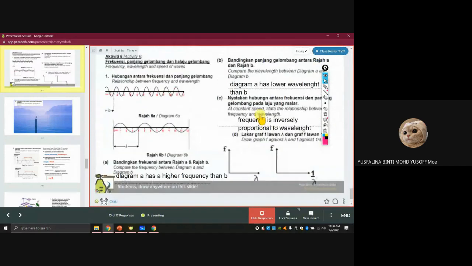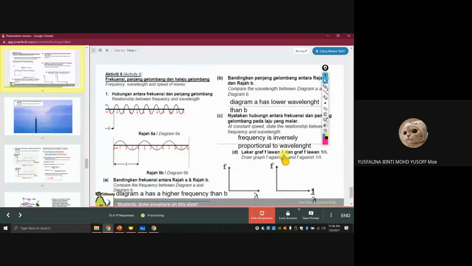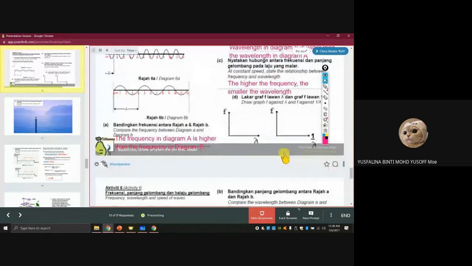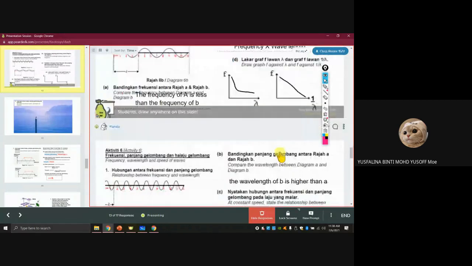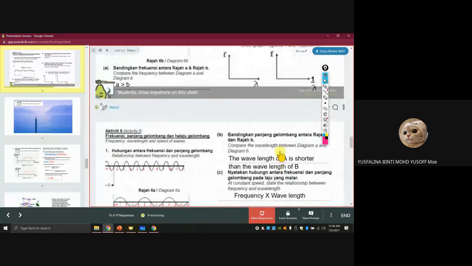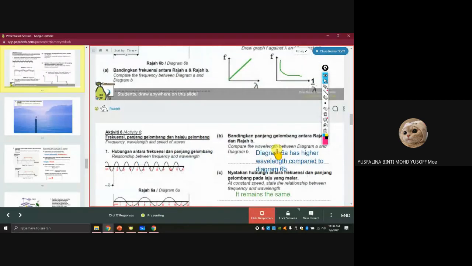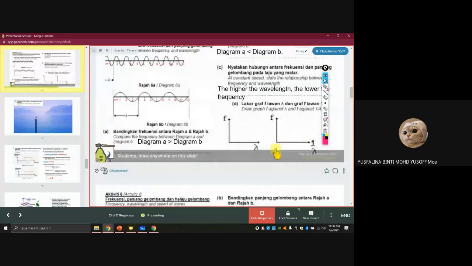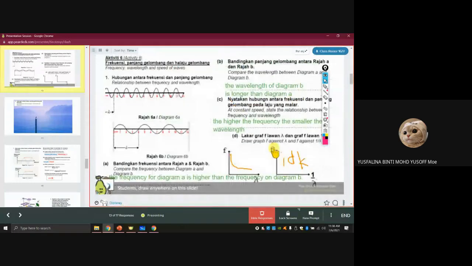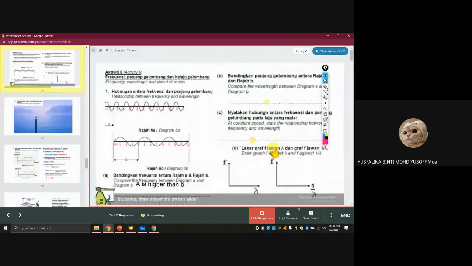For those who didn't answer the graph, you have to draw a graph here. I mean, you don't know, is it? Alright, I can see some have already answered. Okay, never mind.